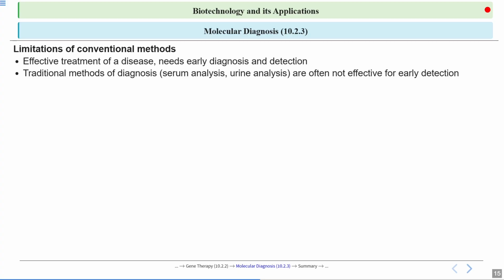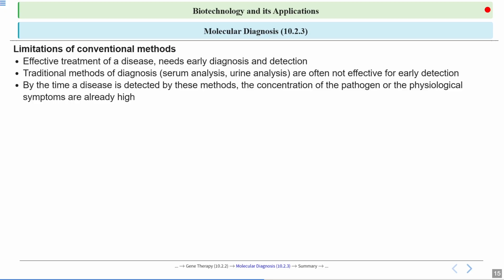No, it won't be like that. Even with serum analysis and urine analysis, in a very early stage we are not able to detect those pathogens because they are in very small quantity. With time, they are going to multiply. So, when they multiply and we detect them using those methods, it becomes very difficult to treat that disease.